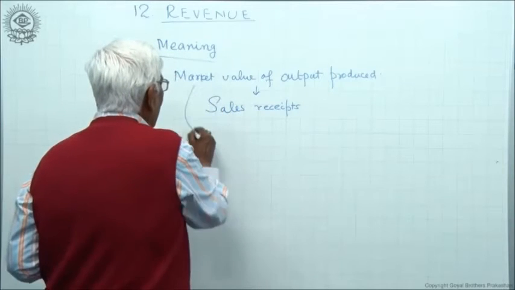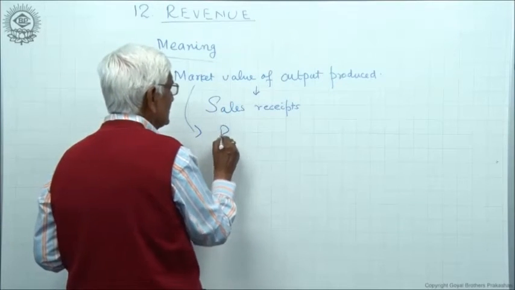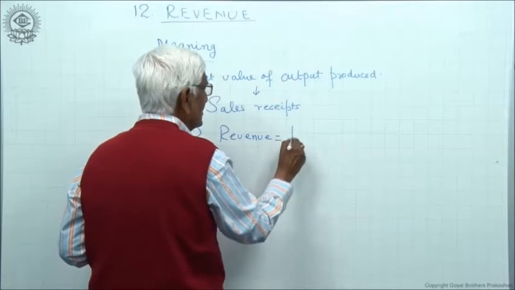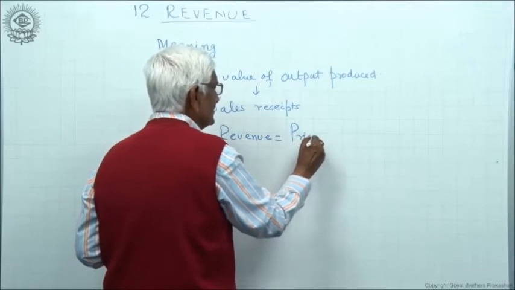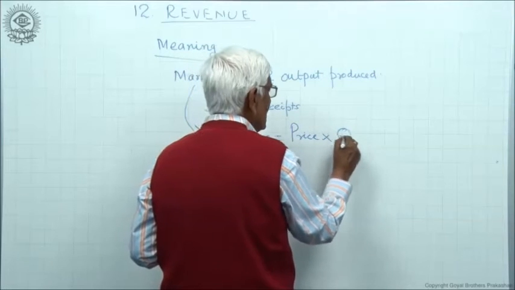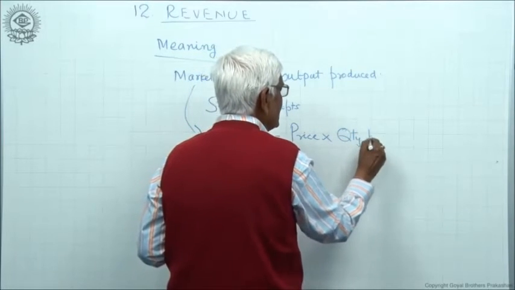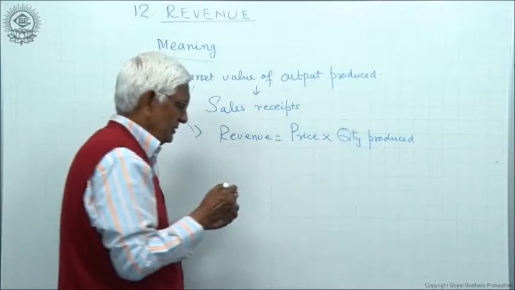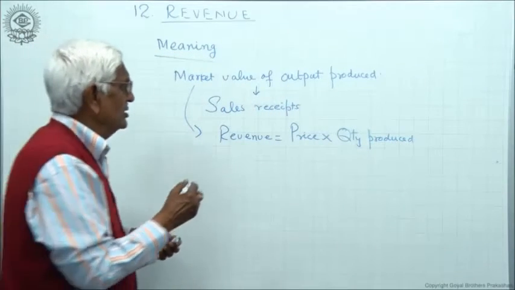Now this market value is price into quantity produced. Price of output into quantity output.